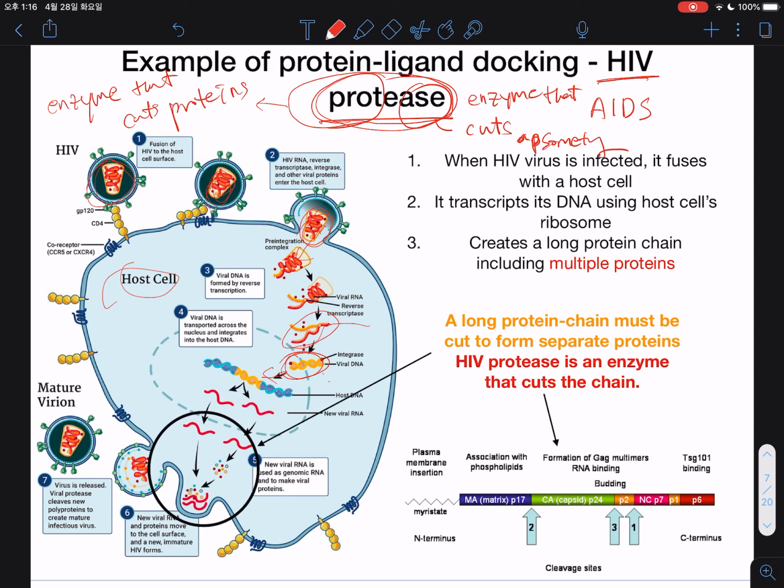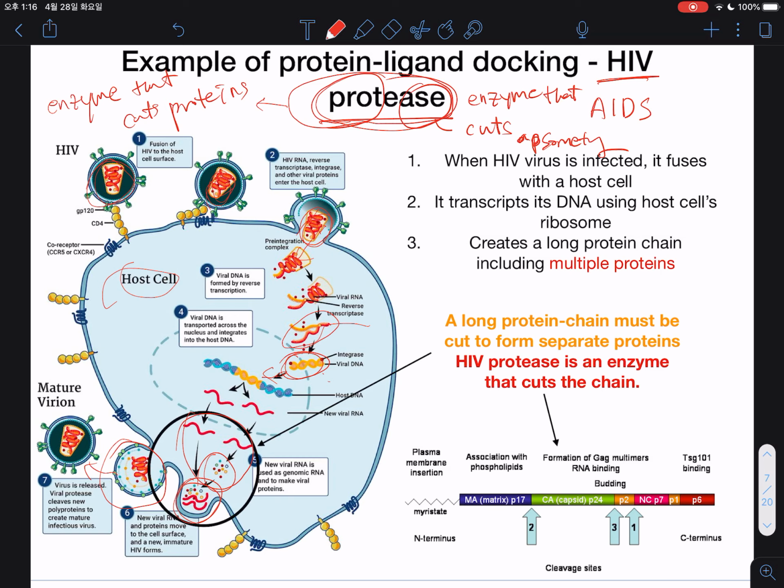The host cell translates this DNA into protein, and by doing that, new viral RNAs and new viral proteins are synthesized. They form a virus, and they leave the host cell. The virus is released at the end.